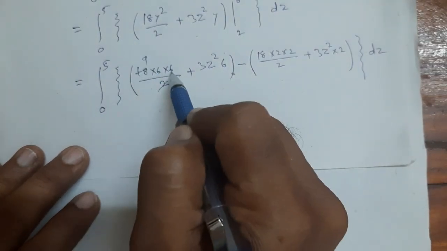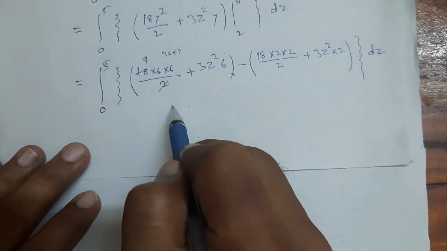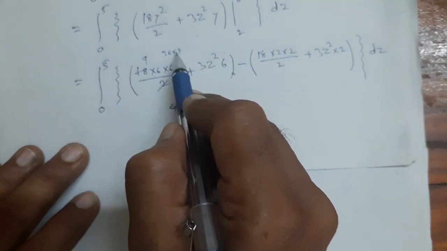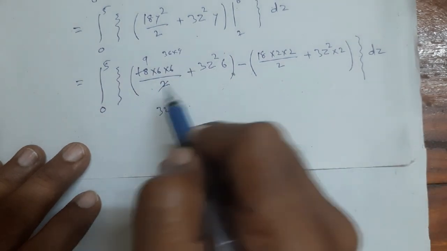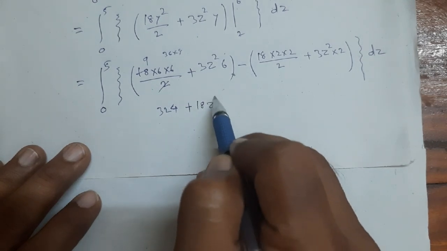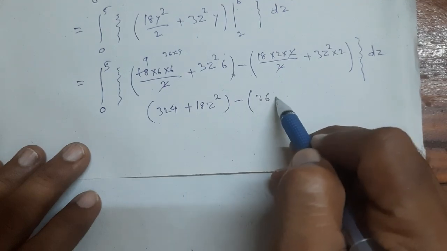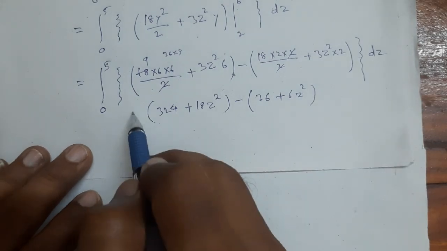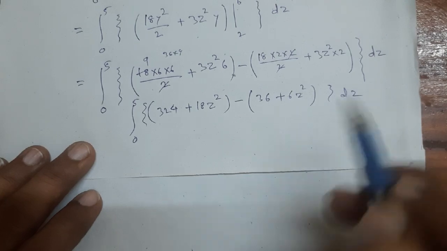Here it is 9, then 36 into 9, it will be 324, you may check once, plus here it is 6 into 3, it is 18z square, minus, I will have to consider this 36 plus 6z square, okay, and this is integration from 0 to 5 over dz, correct?